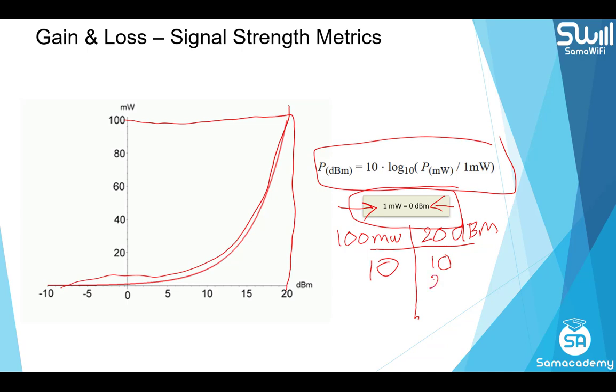So if we have another increase of 10 dB, we are going to have to multiply 10 milliwatts by another 10. So we are demonstrating this rule.